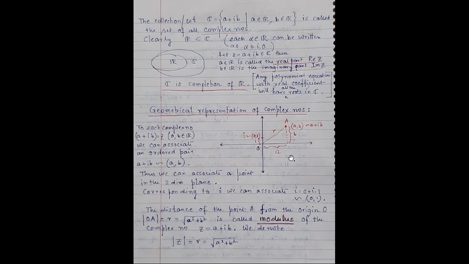All right. So in particular, the distinguished one, i, which is root over of -1, can be plotted at the point on the y-axis at a distance of 1 from the origin.